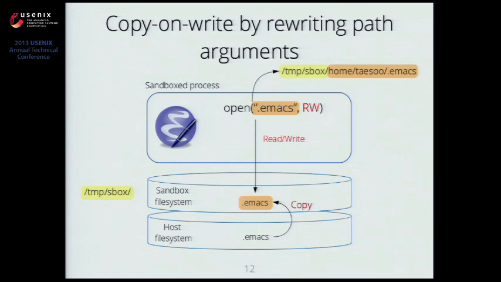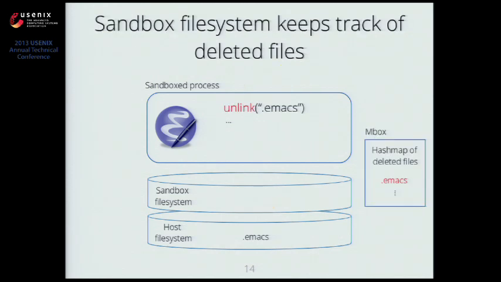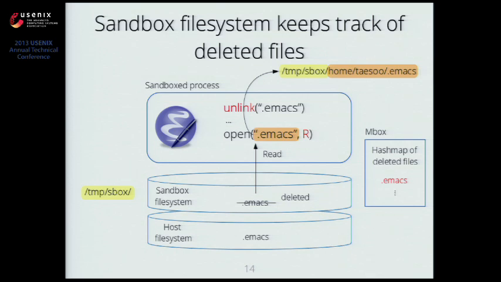After we modify a file, all subsequent read and write on that particular file should happen on the Sandbox layer, so we similarly rewrite the path argument of open system call. When Sandbox file system deleted a file, we need to keep track of a list of deleted files because all of subsequent read on that particular file should not happen on the host file system. In those cases, we similarly rewrite the path argument of open system call.